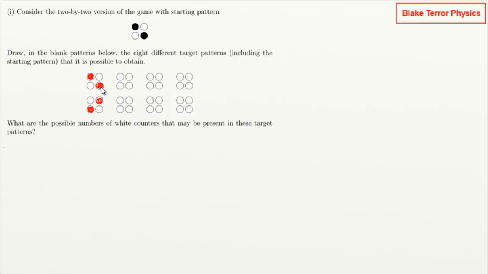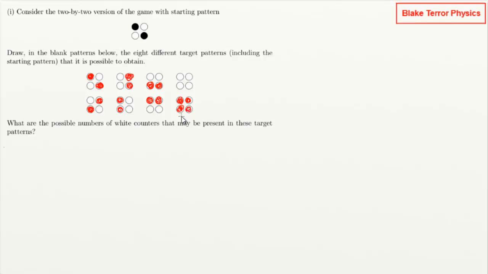If we flipped the top row, we'd get that, and then the mirror image, we'd get that. We can flip one of the columns and we'll have that, and then the mirror image will give us that. And then we could do a double flip, couldn't we? We could flip to get all whites or all blacks. So let's do that one.